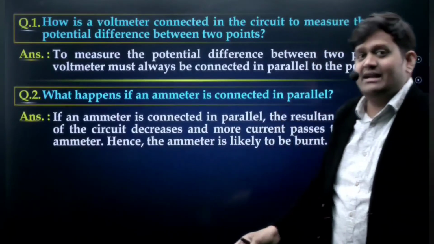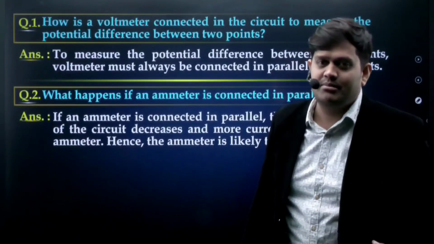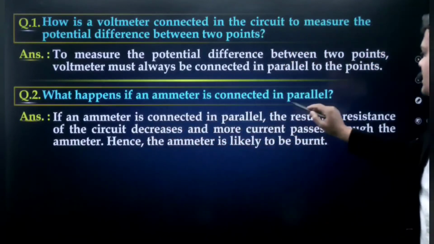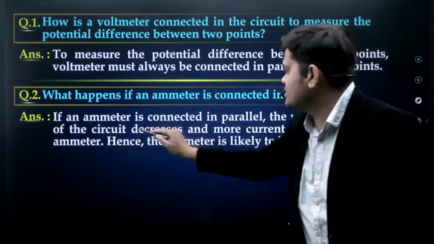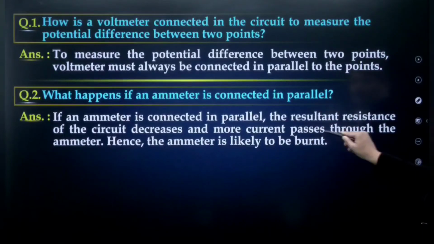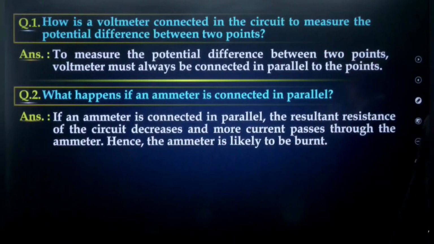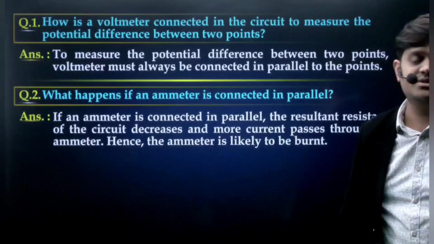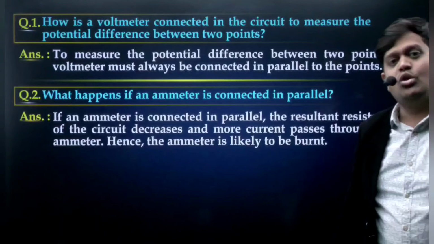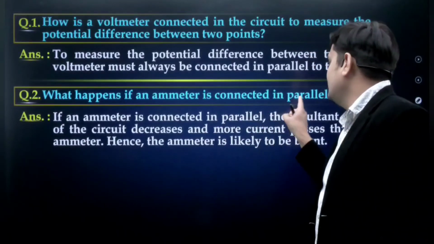So if it is connected in parallel, the resultant resistance of the circuit decreases, and more current passes through the ammeter, hence the ammeter is likely to be burnt, damaged. That's why ammeter is always connected in series, not in parallel.